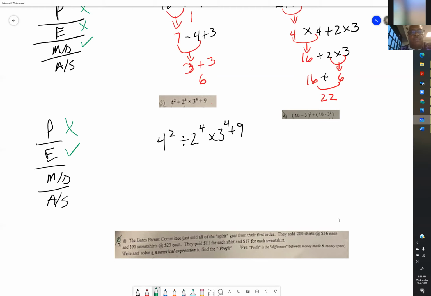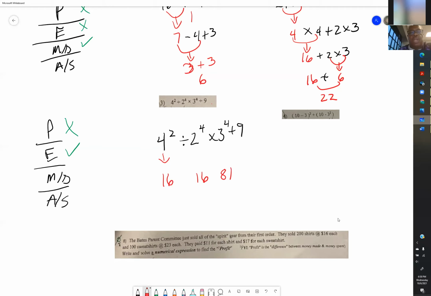All right, so we see that 4 squared is 16. And then 2 to the 4th power, that's another exponent, is 16. And 3 to the 4th power is 81. Yes, 81. Got lucky.